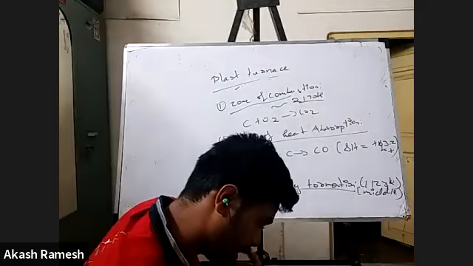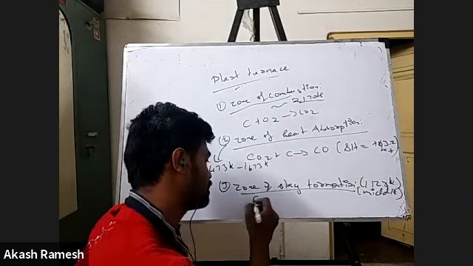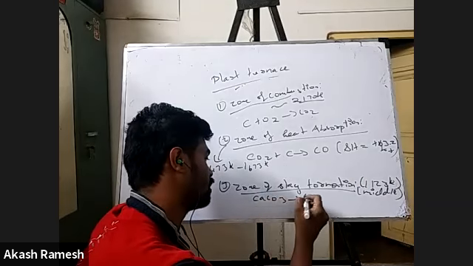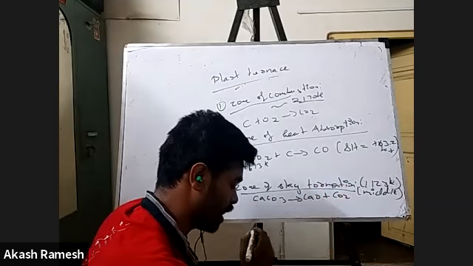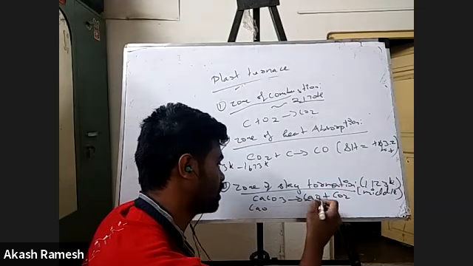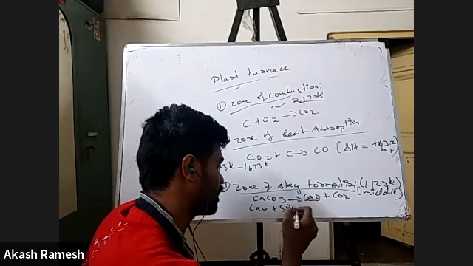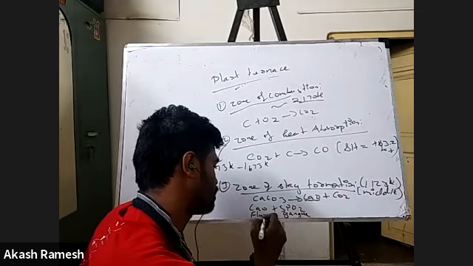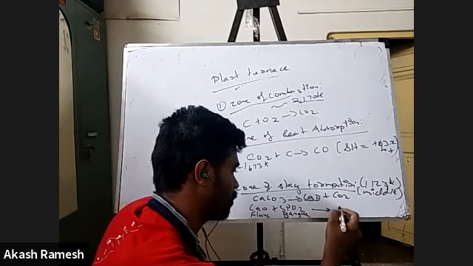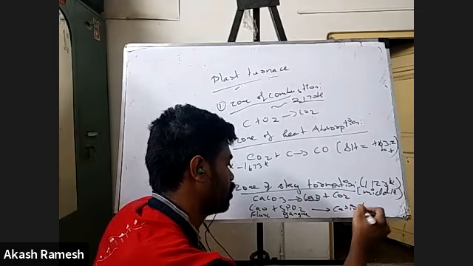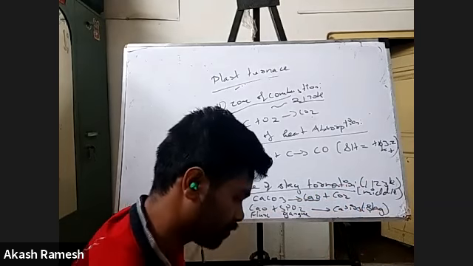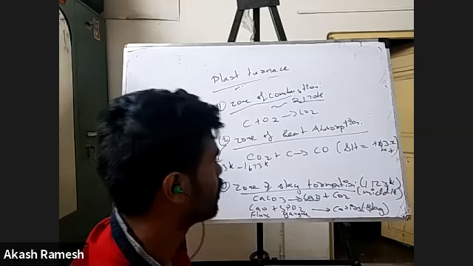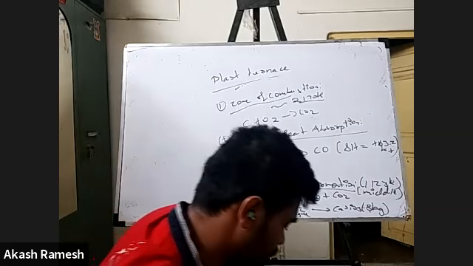Here, CaCO3 forms CaO plus CO2. Then this CaO, the flux molecule, reacts with SiO2, the gang molecule, forming CaSiO3, which is the slag. So that's the third zone.